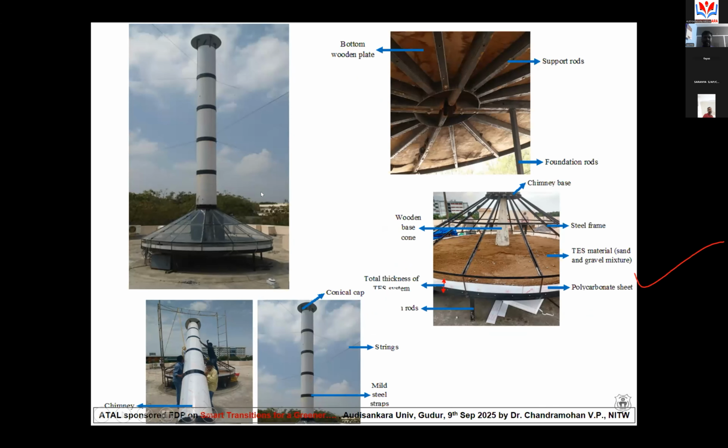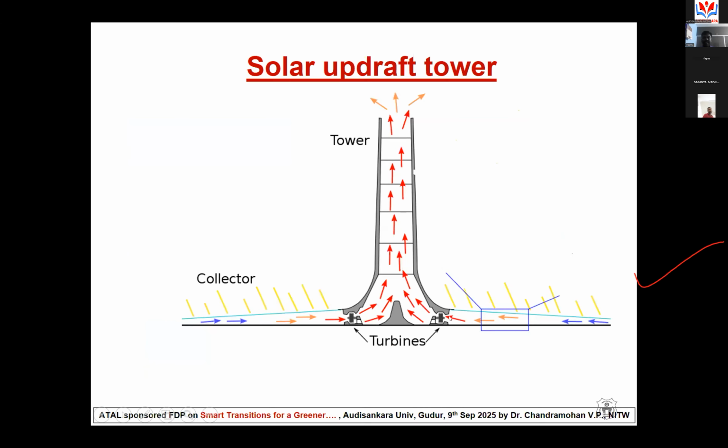When the air enters and the flow is naturally generated, the turbine can rotate. The kinetic energy of the working air is converted into mechanical energy because the fan is rotating. From that, we can extract electrical energy by providing the necessary provisions. This is the actual work.